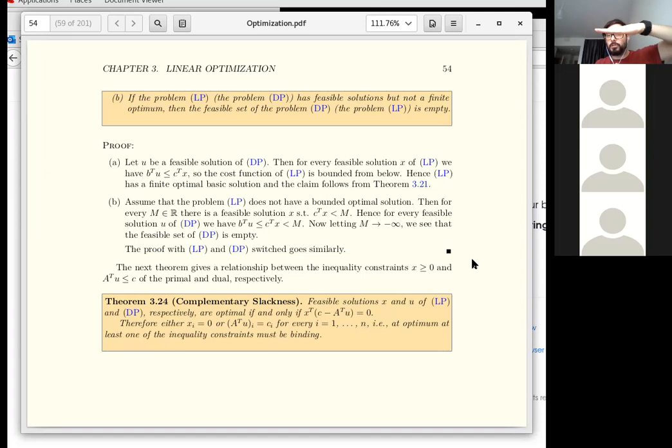Remember, the dual's constraints are inequality constraints. So the row of A transpose U is smaller than or equal to Ci, right? If that corresponding row is at the limit, so that row is equal to Ci, then we say that this constraint is binding. So at the optimum, either xi is 0 or the corresponding dual constraint is binding. It's at the limit.